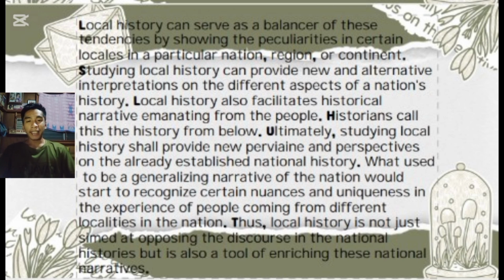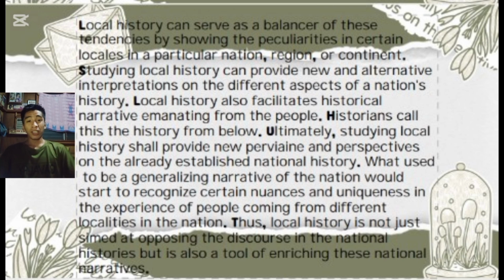Ultimately, studying local history shall provide new perspectives on the already established national history. What used to be a generalizing narrative of the nation would start to recognize certain nuances and uniqueness in the experience of people coming from different localities in the nation.